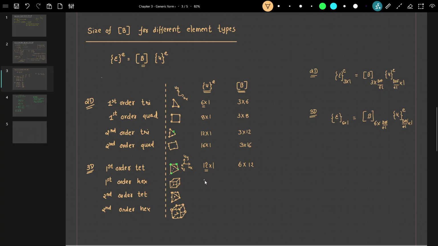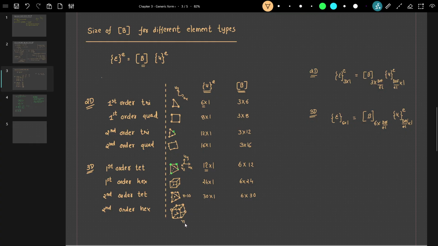Similarly, first order hex has 8 nodes. So 8 into 3, 24 degrees of freedom per element. B matrix size is 6 by 24. Second order tet element has 10 nodes. So 30 degrees of freedom per element. B matrix is 6 stress components by degree of freedom per element.